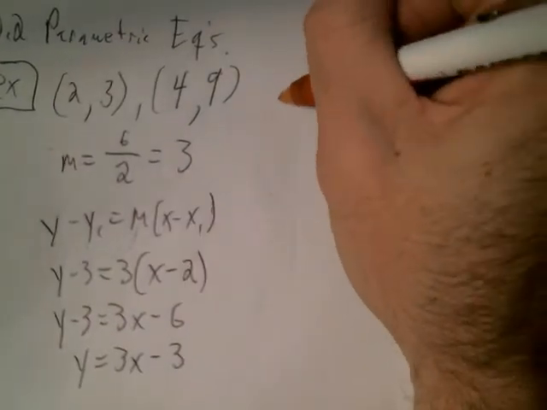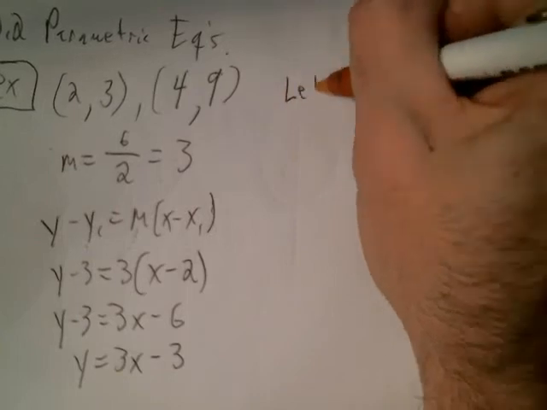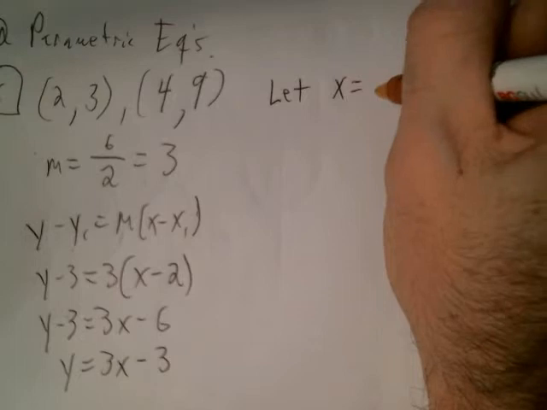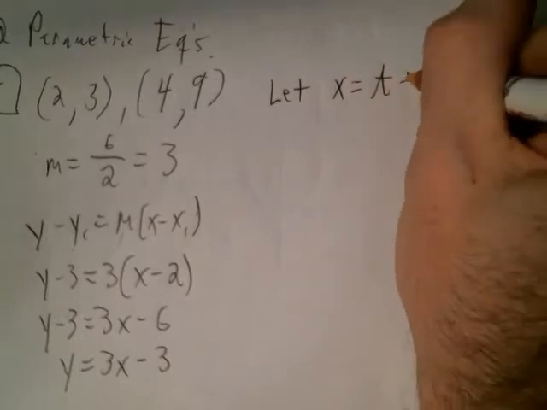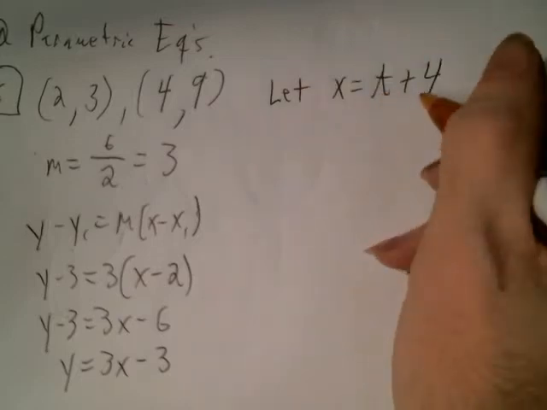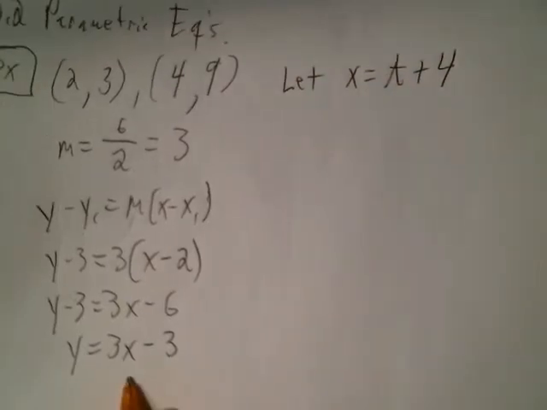What would happen then if I let x equal some other expression? So let x equal, let's say, t plus 4. Let's plug t plus 4 into this expression and see what we get.